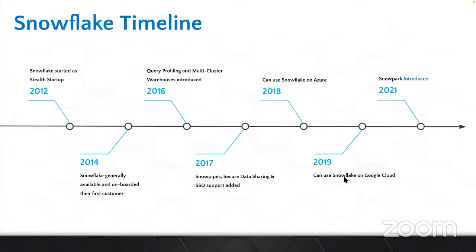And in 2019, Snowflake also became compatible with Google Cloud Platform. And in 2021, another interesting feature was introduced, Snowpark, and I will talk more about it. But right now, this is the holistic perspective of how Snowflake has evolved over the last few years. So you can see AWS is there since inception, and we have Azure in 2018 and GCP in 2019.